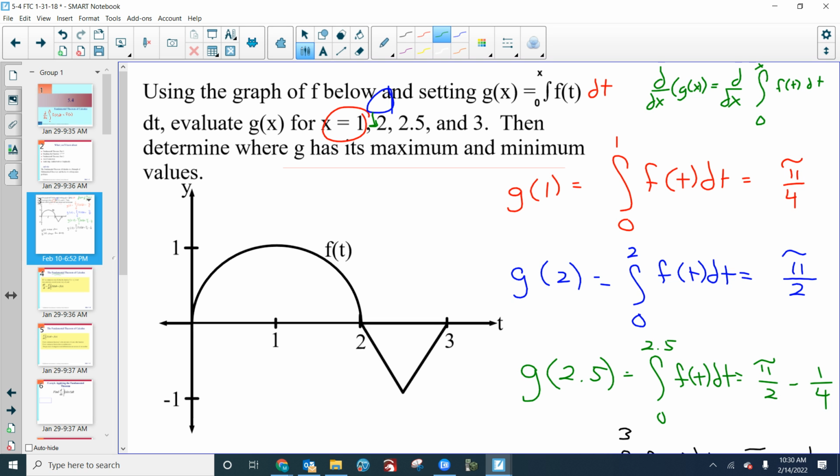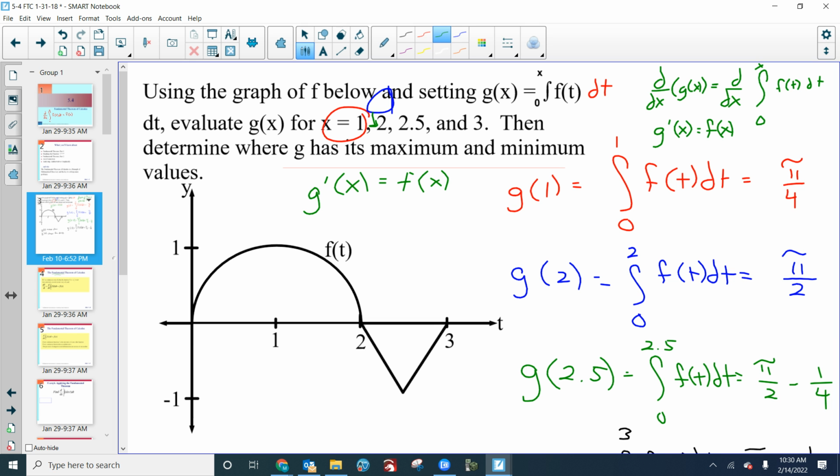The derivative of g of x is g prime of x. What is the derivative of the integral from 0 to x of f of t dt? F of x. Very good. Moment of truth. G prime of x equals f of x. Good news for you.